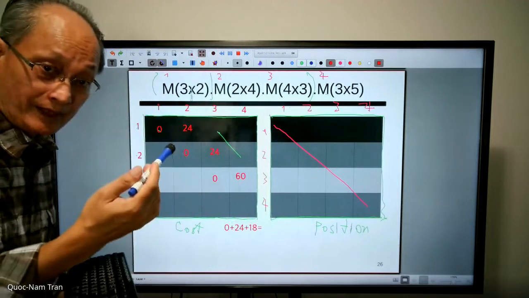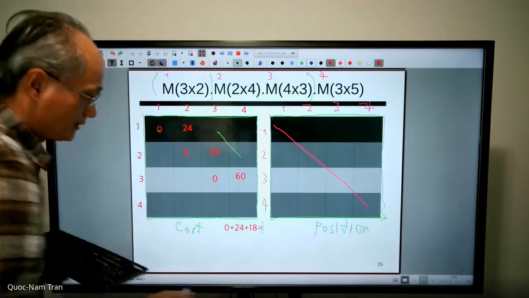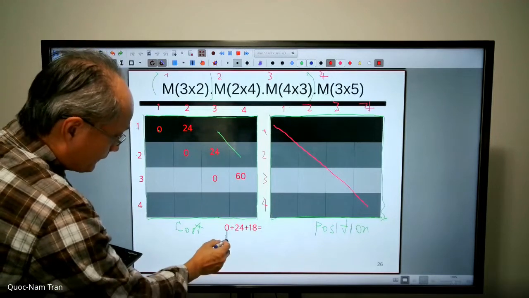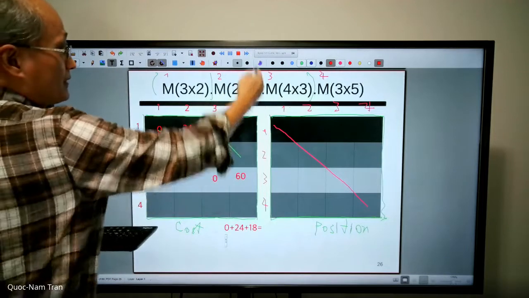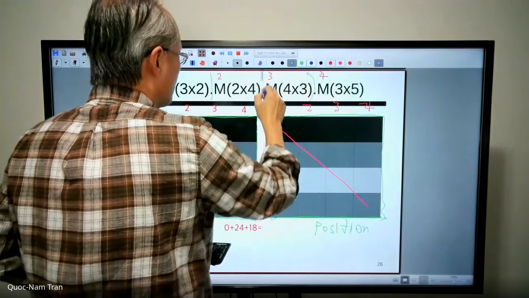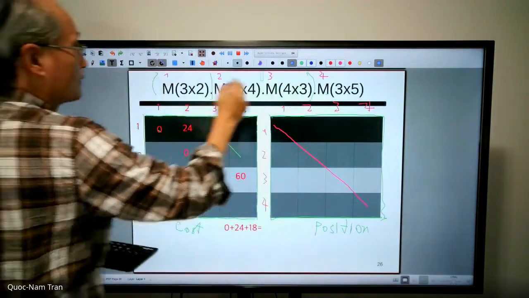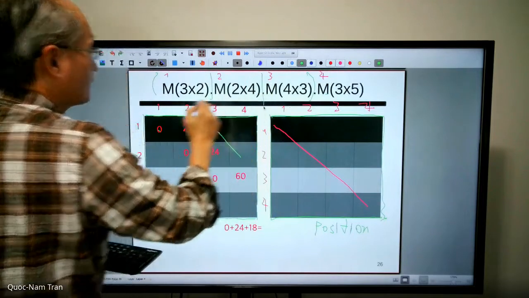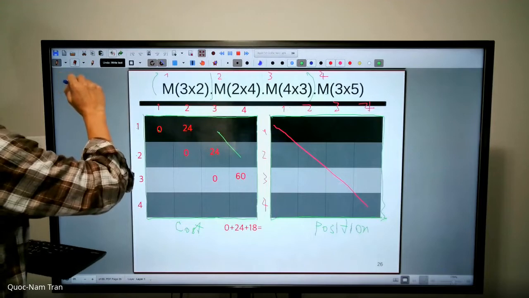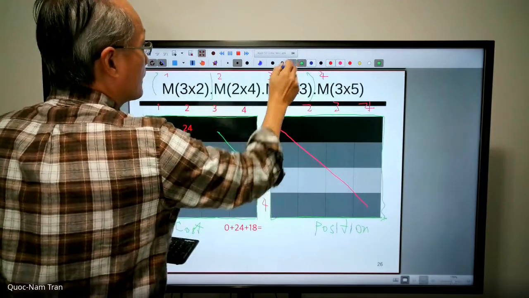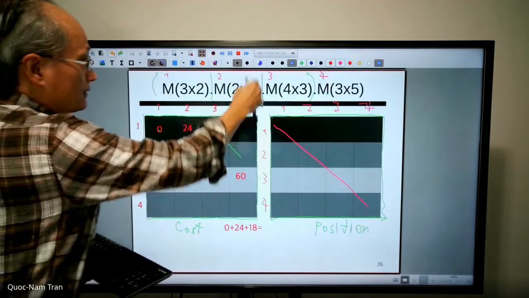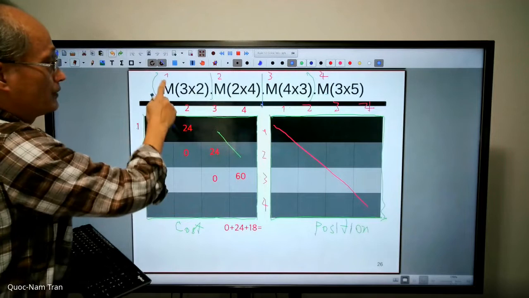So it's one way, right? The other way is by breaking it here. So I will choose a different color. If we break it here, the cost for the left will be 1 to 2.